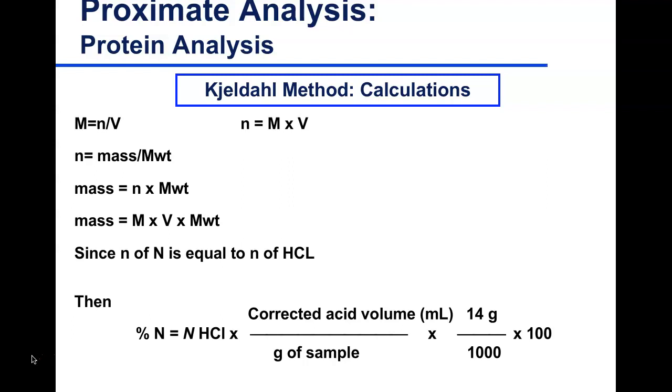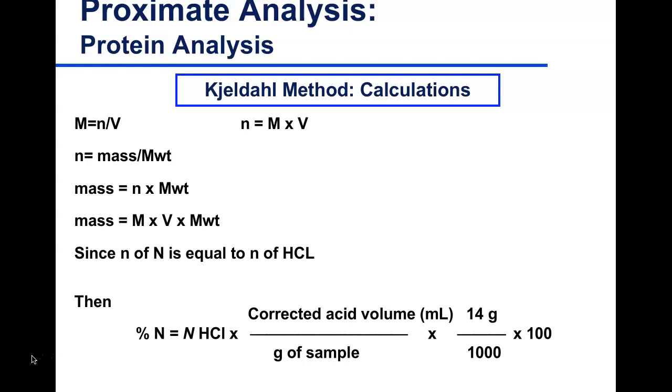Which would give us a final equation then of percent nitrogen equals our normality of HCl times our volume of HCl over grams of sample over 14 grams by 1,000, all times 100. So yes, you could, using unit analysis, slash this off.